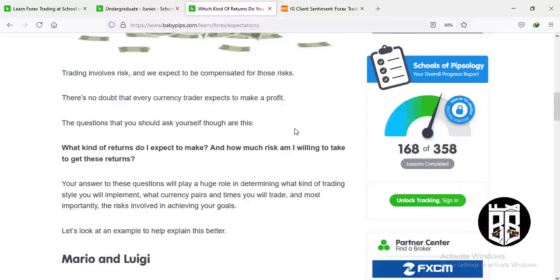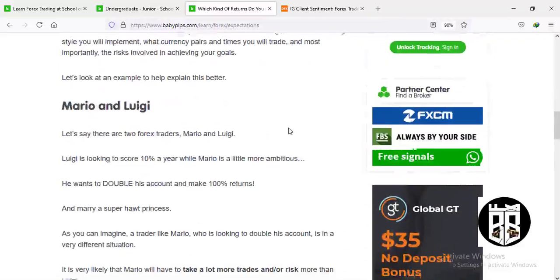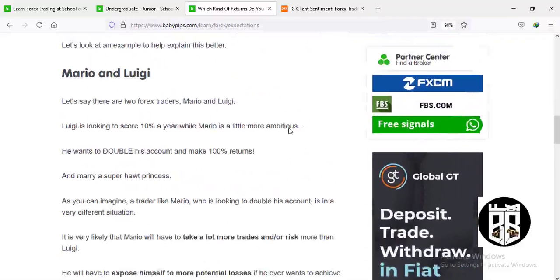But the question is, what kind of returns do I expect to make, and how much risk am I willing to take to get these returns? Now let's consider two people, Mario and Luigi.